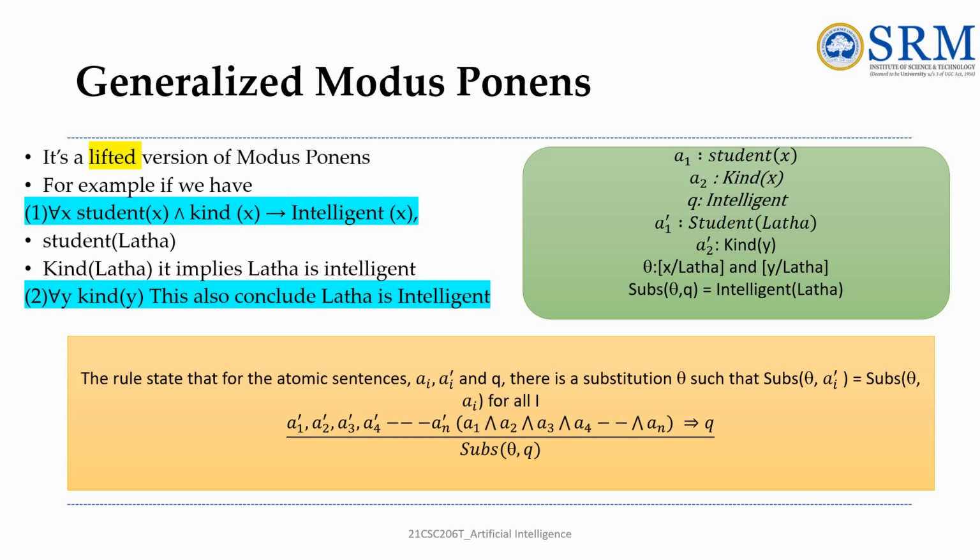We also know student of Lata and kind of Lata. From this we can infer intelligent of Lata, that is, Lata is intelligent. This generalization allows AI systems to apply learned rules to new individuals dynamically.